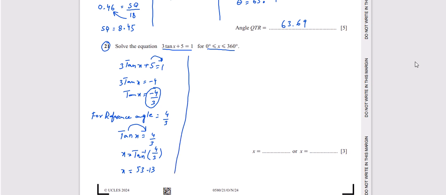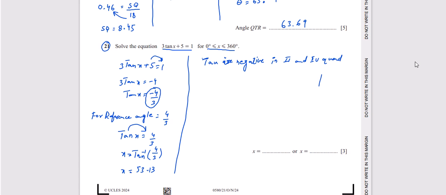Okay, so we know that tan x is negative in the second and fourth quadrants.